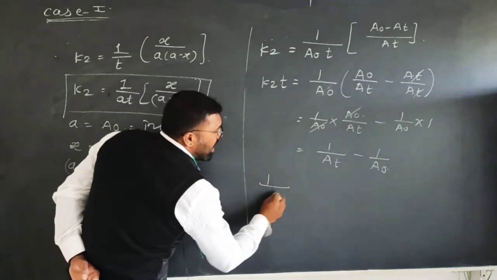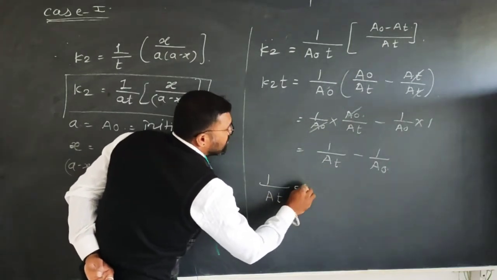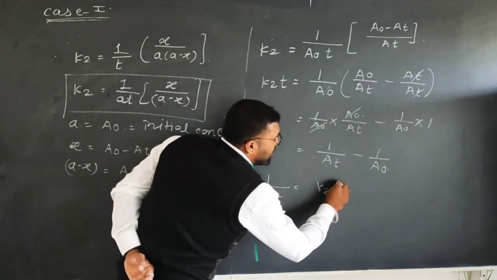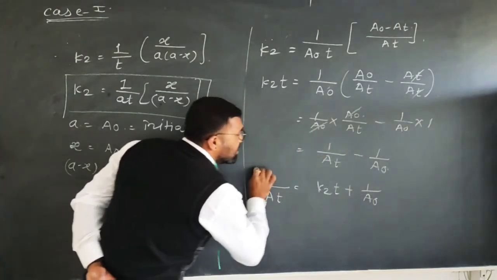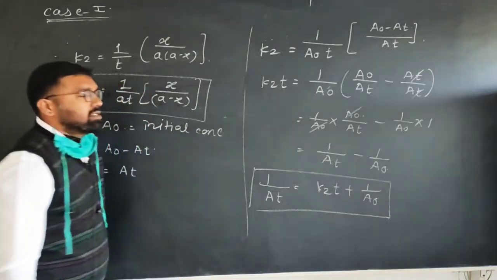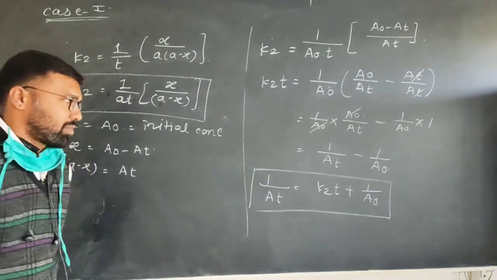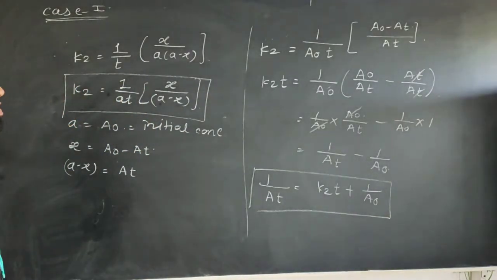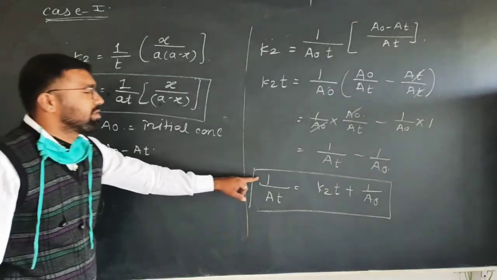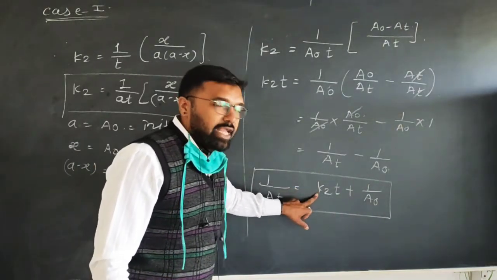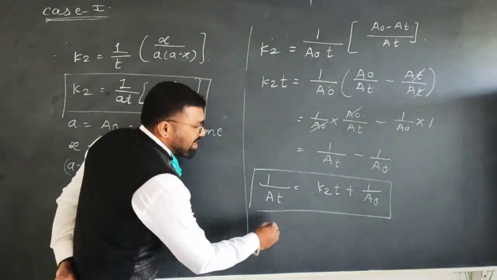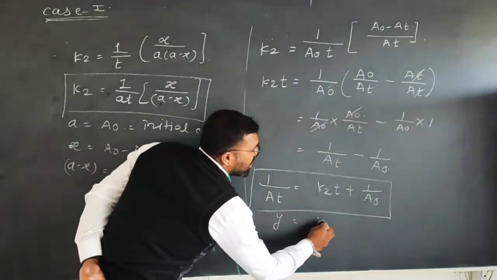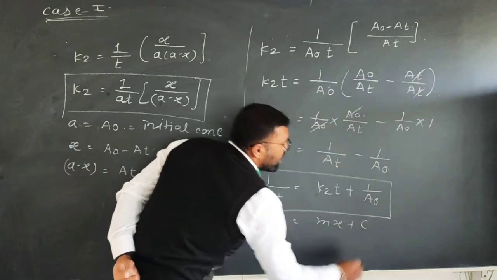Therefore 1 upon At is equal to K2 into t plus 1 upon A0. This is the equation for the second order reaction, and this equation is nothing but y is equal to mx plus c.